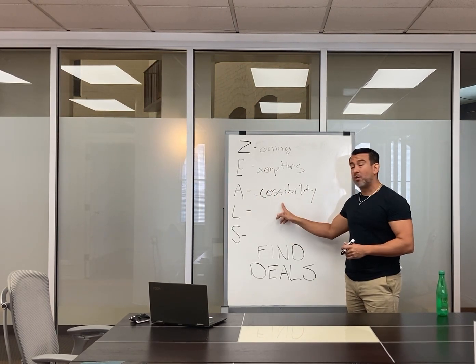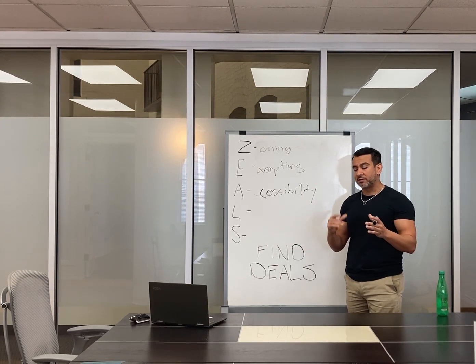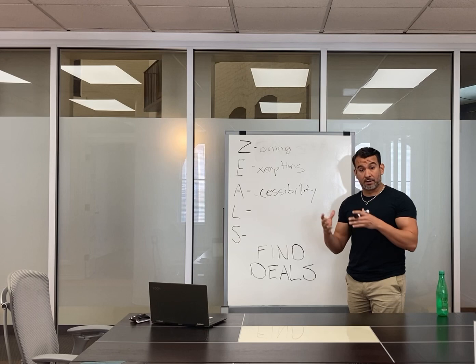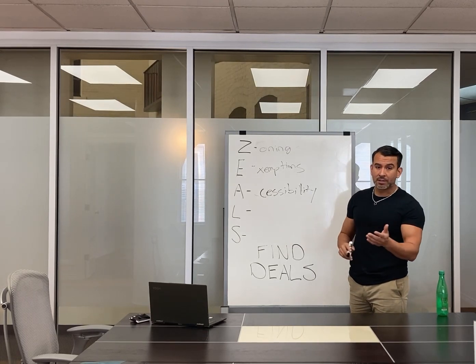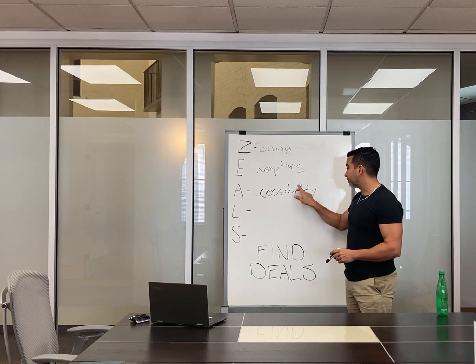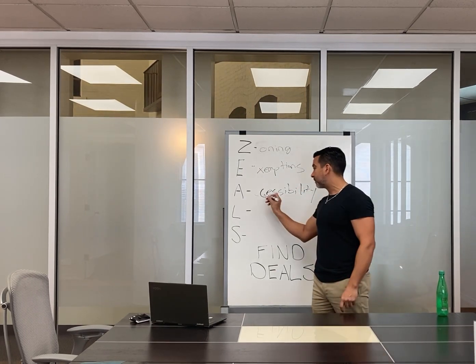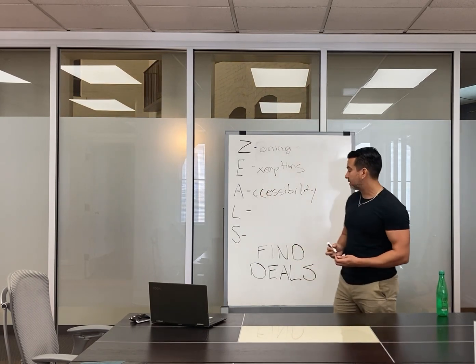So you have no accessibility to the piece of land. So you can have 3 acres that's surrounded by other properties and it looks great. It's 3 acres, but I can't access it. Or there's no roads that go there. So knowing if it's accessible is extremely important. We want to make sure that we get something that we can actually access.